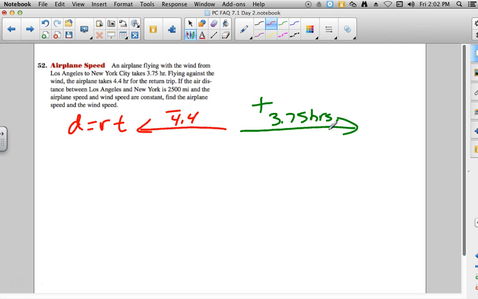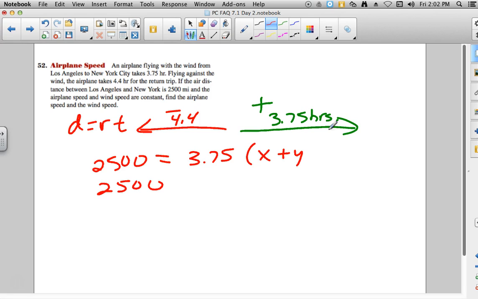So what we have to do is figure out that both of these are talking about distance. So both of them are going to equal 2,500. But with one, with the 3.75, they have the wind helping them out. So the rate is something plus an additional little push from the wind.